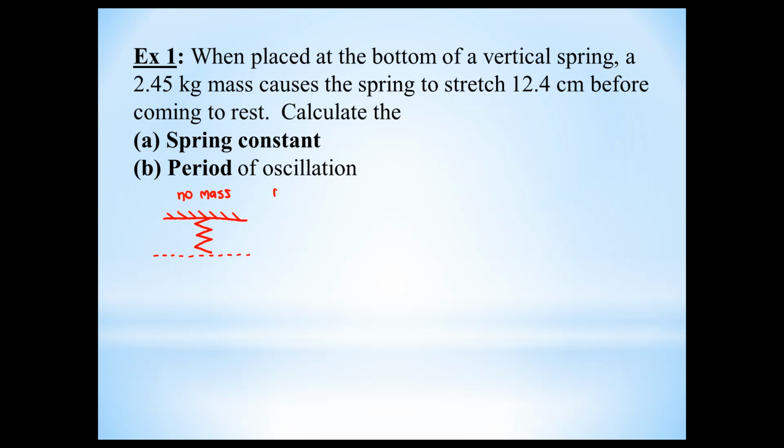And then we're going to attach a mass to it. When you attach a mass to this vertical spring, it's going to make it stretch. So perhaps a spring then looks like this. We got a mass attached to the end of it.